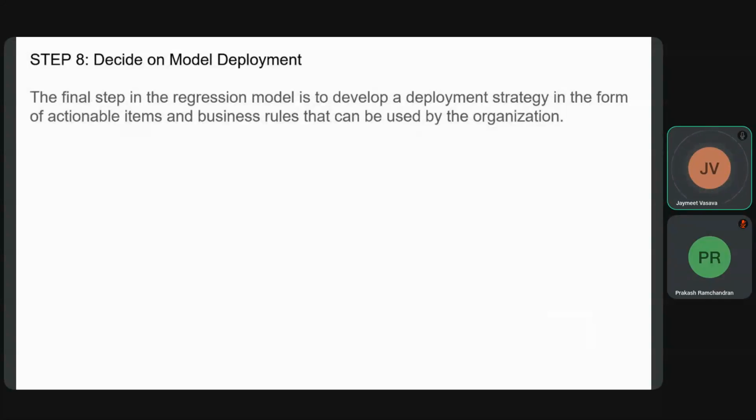Then decide on model deployment. The final step in the regression model is to develop a deployment strategy in the form of actionable items and business rules that can be used by the organization.